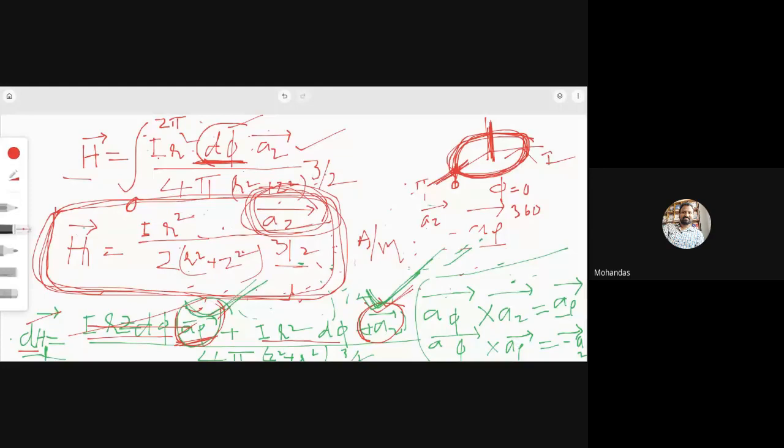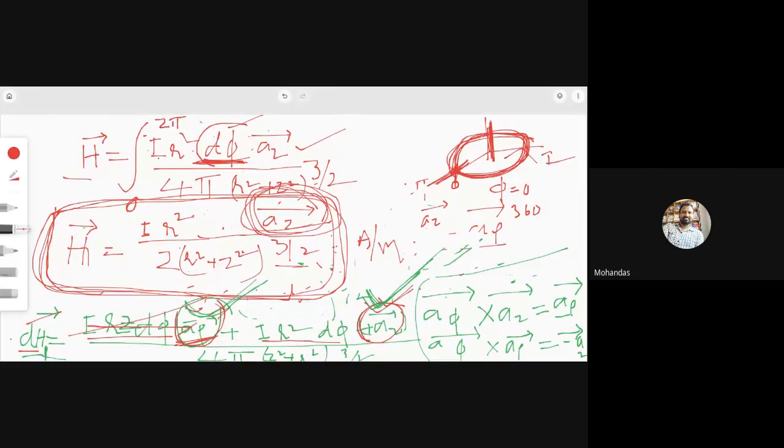The term I R square by 4 pi, R square plus Z square whole to the power of 3 by 2 is constant, so we can take it out of the integral. What remains in the integral? Integral 0 to 2 pi d phi. The integration of d phi is phi only. If you substitute those limits, you get 2 pi.